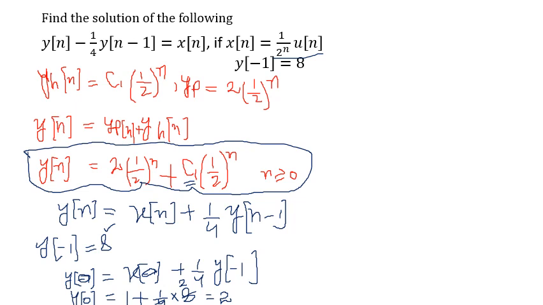So by putting the value of y of 0 in this equation, we can find the value of c1.